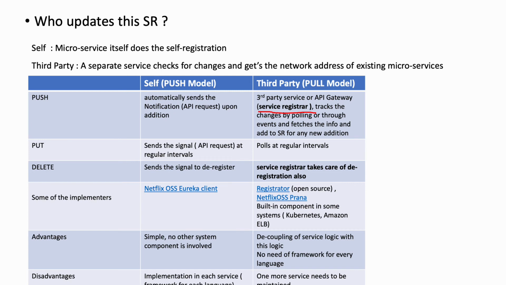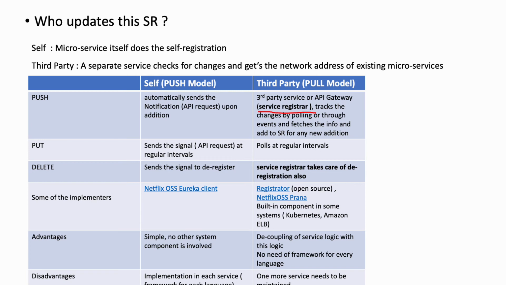Advantage of this method is it decouples the service registration logic from the microservice. So the microservice need not worry about how to register, how to fetch, or how to send. All this logic is decoupled from the microservice implementation. No need of an extra framework, which was the disadvantage in the case of self-registration.